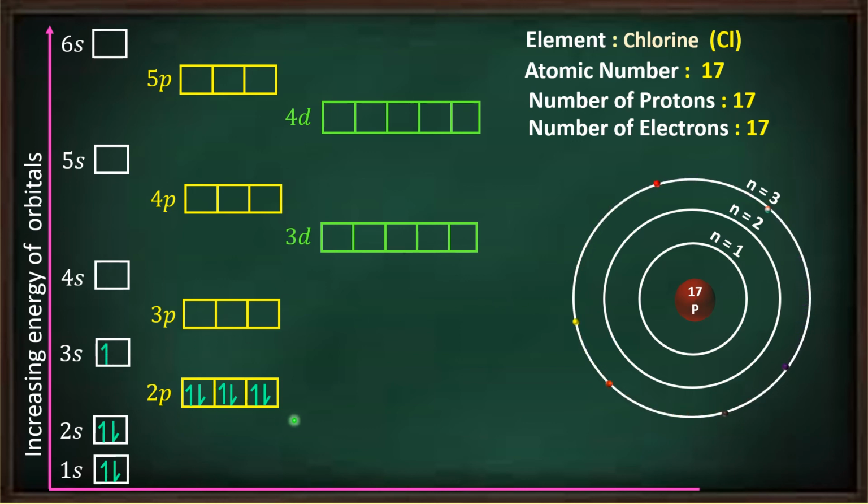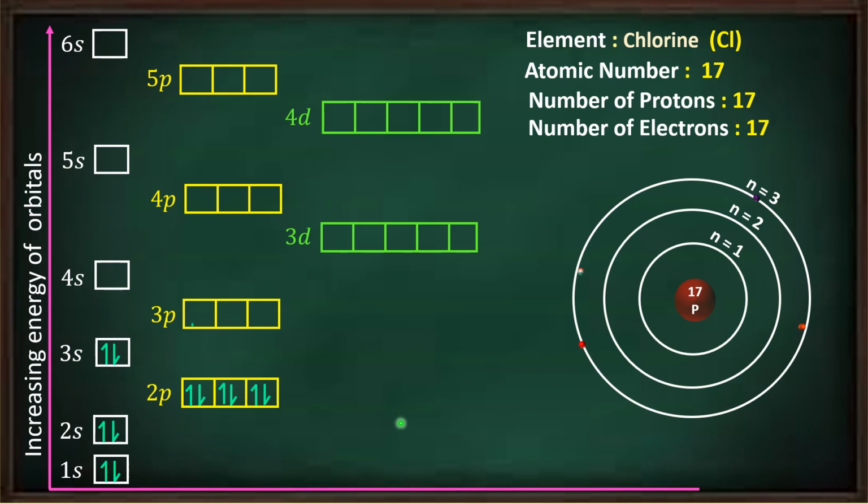And the 12th electron, say this one, occupies the 3s orbital. It has paired up with the previous electron in 3s. Next, the 3s orbital is completely filled. Once the 3s orbital is completely filled, electrons enter into 3p.